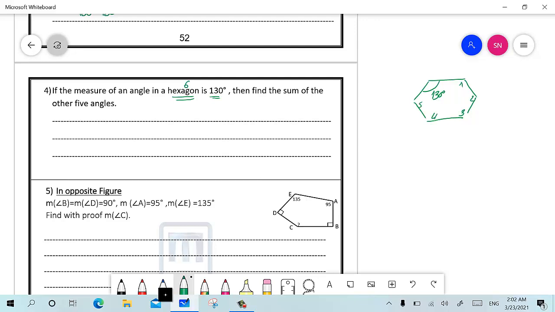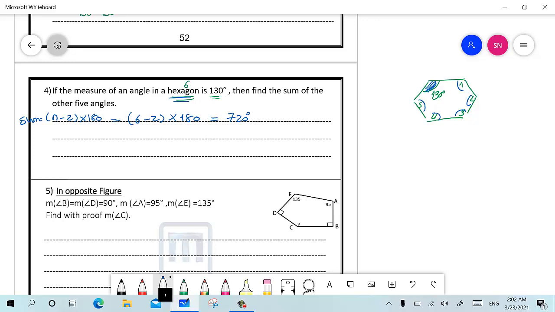5 angles. We know that we can use the rule n minus 2 times 180 to get the sum of all interior angles. Knowing that a hexagon has 6 sides, so 6 minus 2 times 180 equals 720. So this means that if I add all 6 angles together, I am going to have a sum of 720. I have one of them equal to 130.